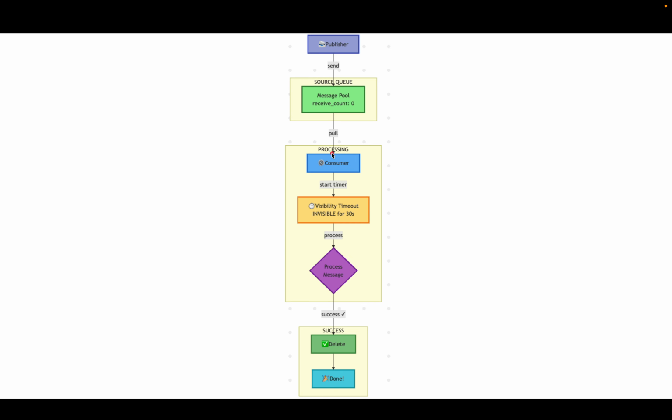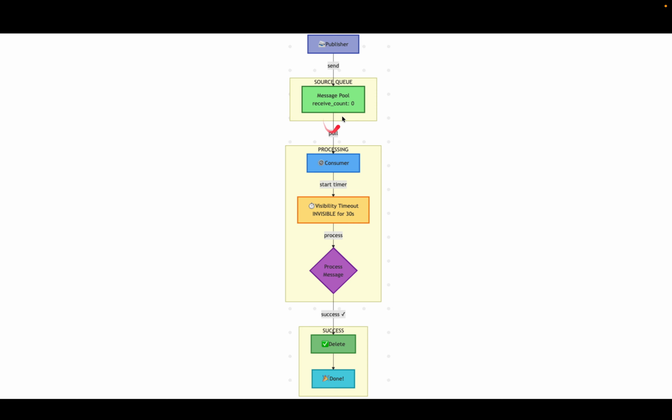For example, here you can see that there is just one publisher and consumer, but in real life, we can have multiple publishers and multiple consumers trying to read and write from the same queue. So the message in the source queue remains invisible to other consumers, not the consumer who has pulled the message.